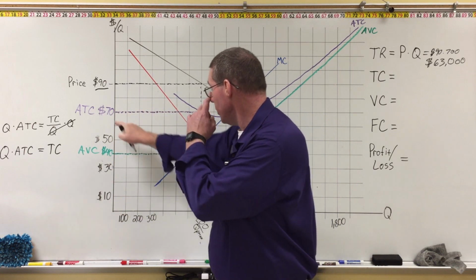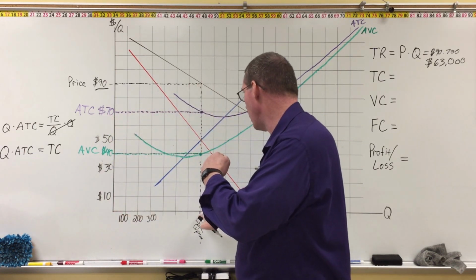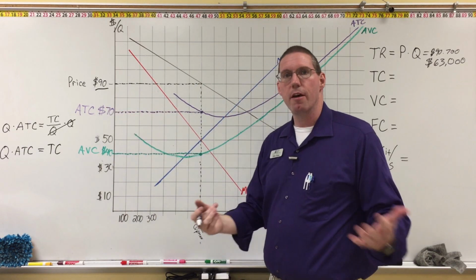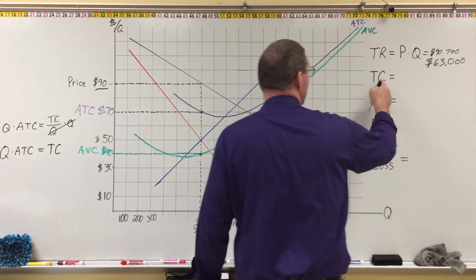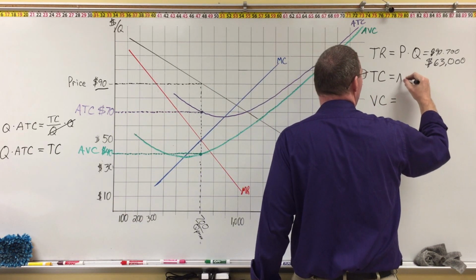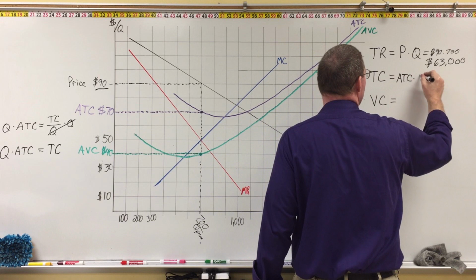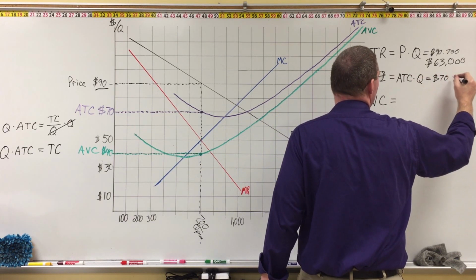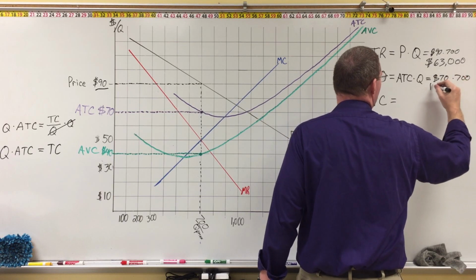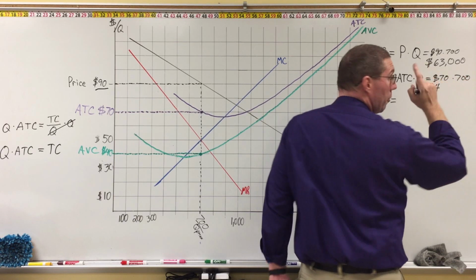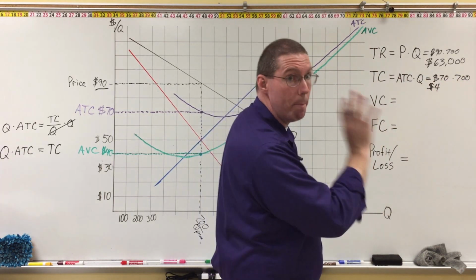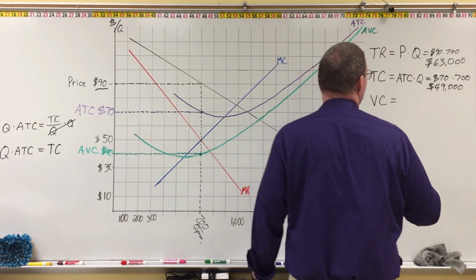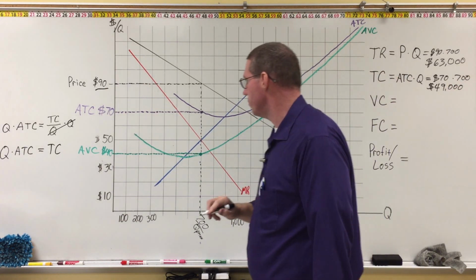And so the base is 700, the height is 70, and 70 times 700, that's going to be 49,000. And so total cost, very simply, is going to be average total cost times quantity, which in this case is $70 times 700. So total cost for this company at their profit maximizing quantity, so this is the best that they can do, is $49,000.